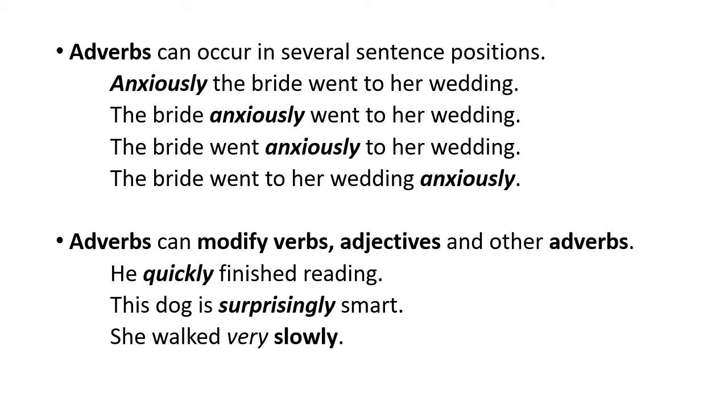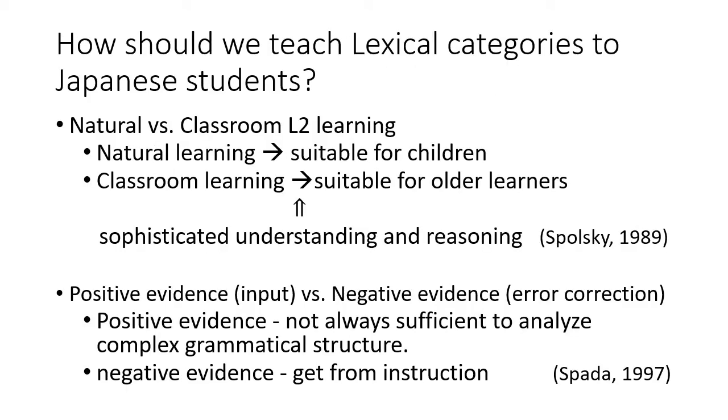As we observe, the morphological and syntactic properties are systematic and highly reliable to differentiate the categories. Therefore, they should be used to explicitly teach lexical categories to students. As I discussed earlier, formal classroom learning, which requires sophisticated understanding and reasoning, is suitable for older learners.